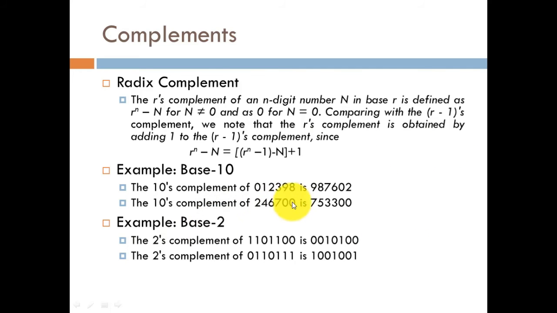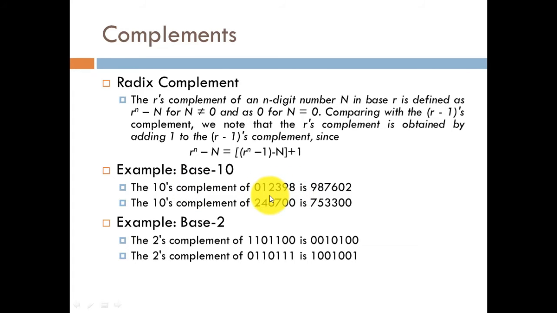So let us quickly understand whatever we have studied with an example. Example of base 10. The tens complement of the number 012398 will be equal to 987602. In order to calculate the tens complement, we count the number of digits, that is 1 2 3 4 5 6.